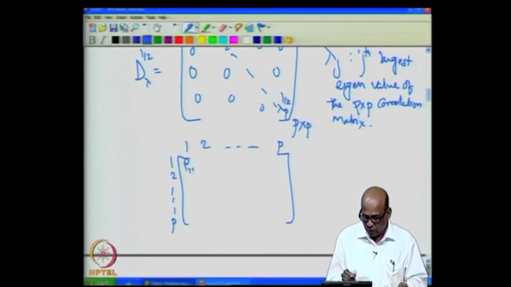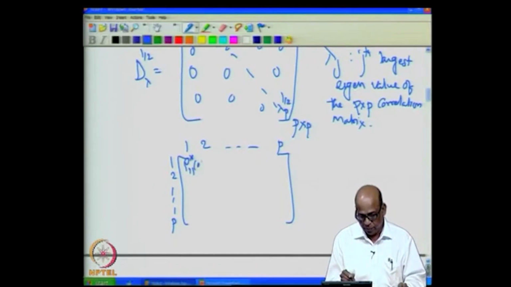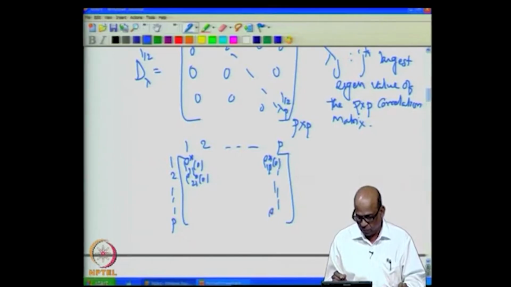Now, rho 1 1 star 0, then rho 2 1 star 0, like this. Any element you take, this will be rho 1 p star 0 and this will be rho p p star 0.